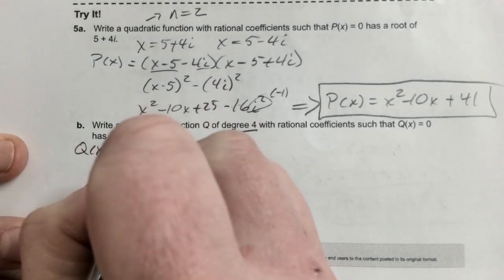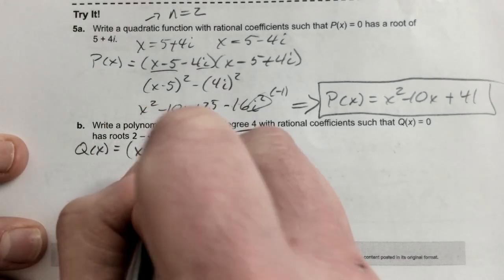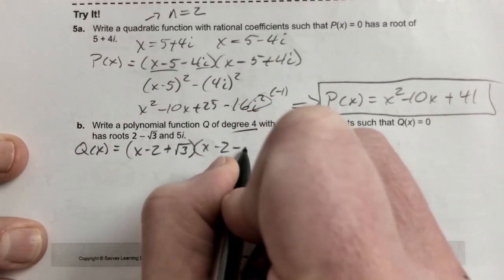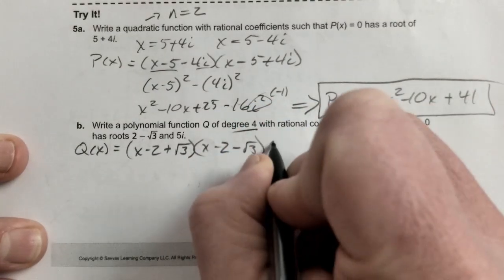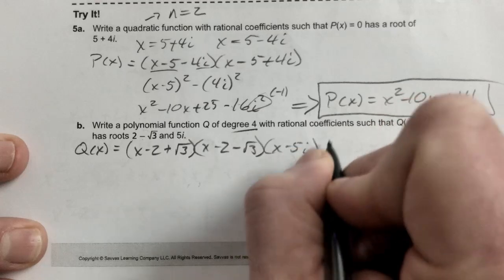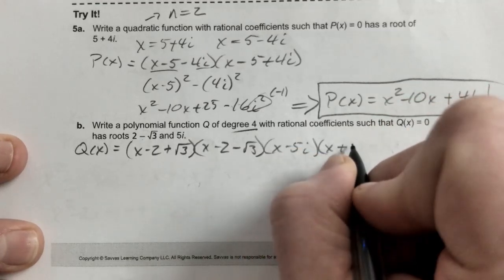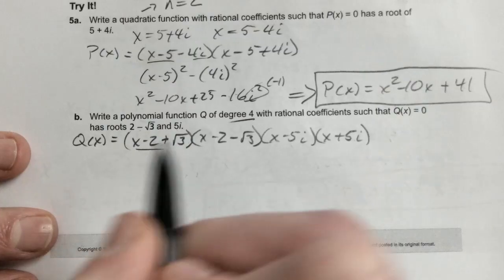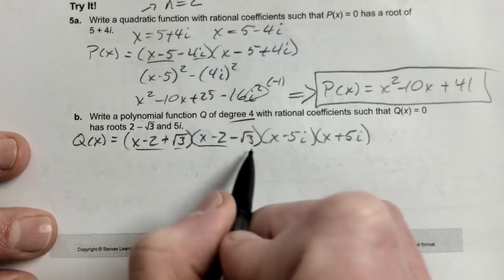So here we would get x minus 2 plus root 3, x minus 2 minus root 3, x minus 5i, and x plus 5i.